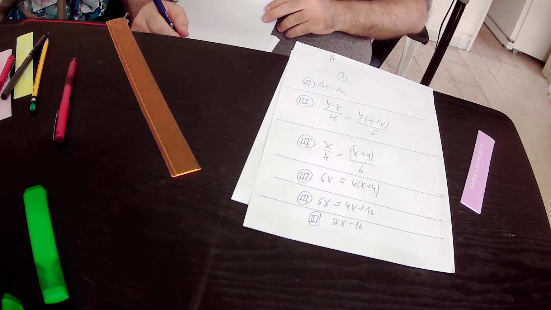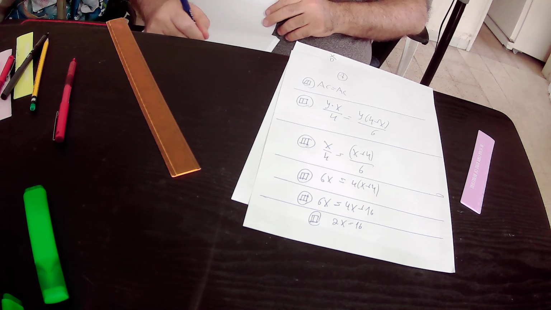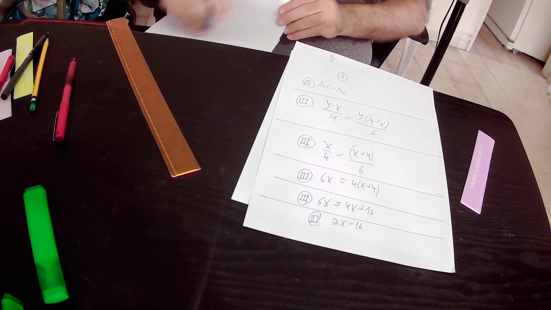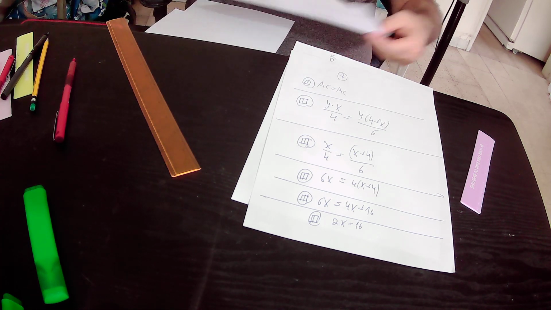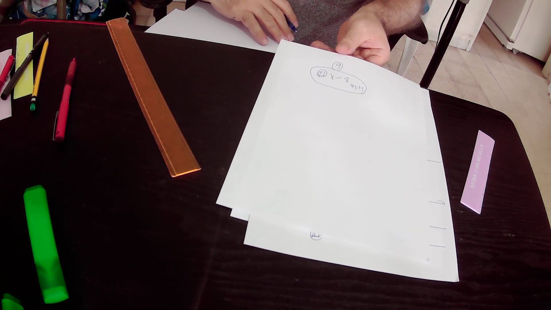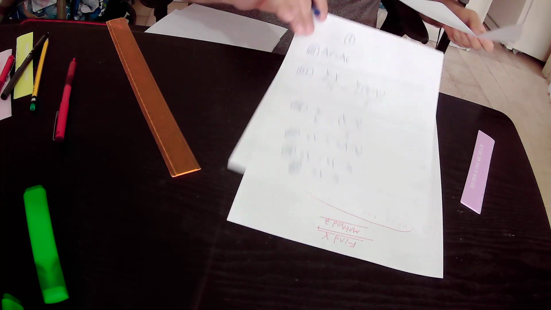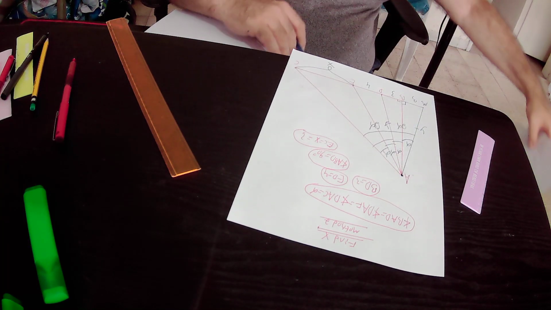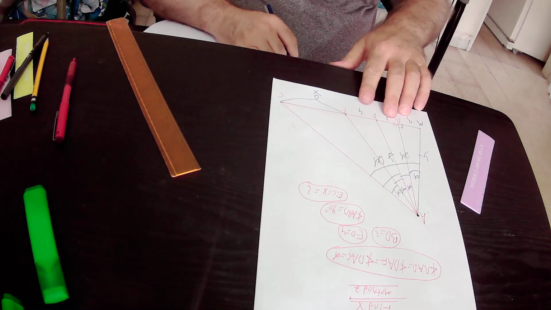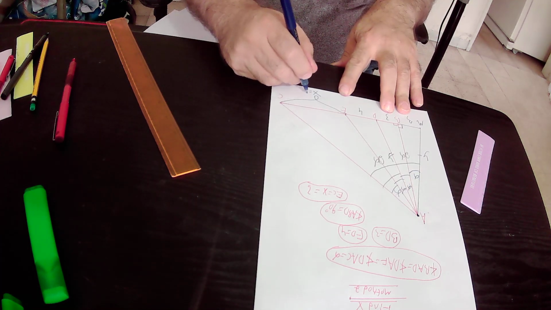Here we will divide by 2, and we get that X equals 16 over 2, which is 8 units. So we found out that X equals 8 units, exactly what we have already found in method 1.